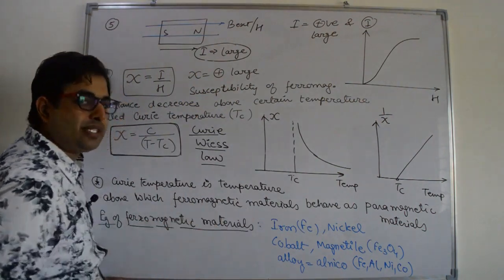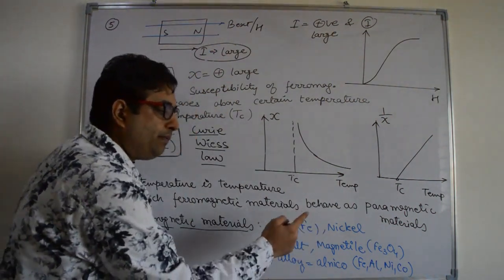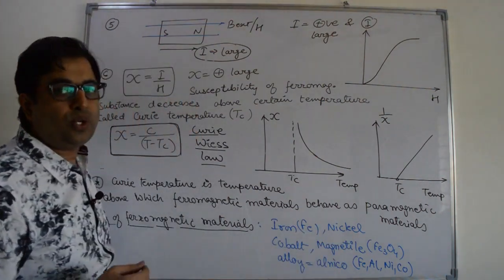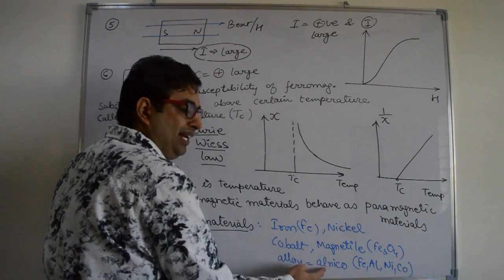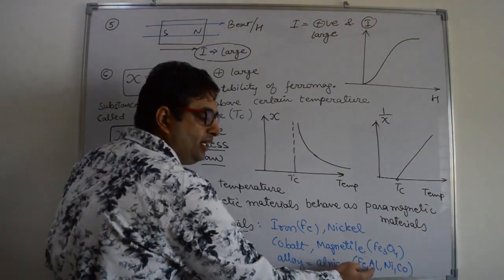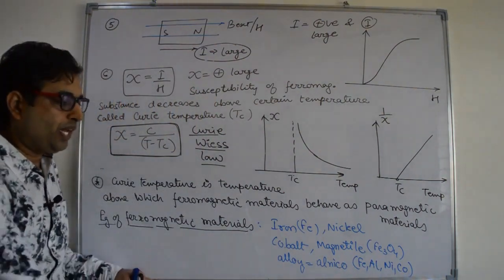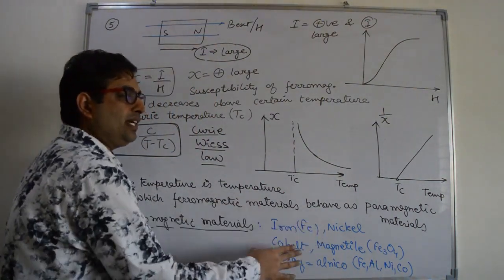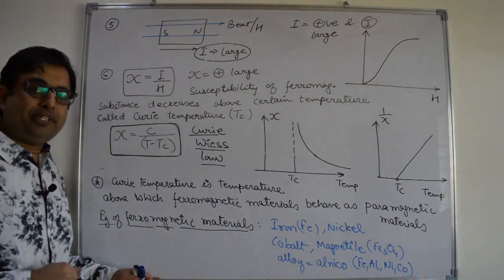First examples are iron, nickel, cobalt, magnetite, that is Fe3O4. One alloy is also there, alnico, that is iron, aluminium, nickel and cobalt, right? You have to remember these examples and this law. Got my point?